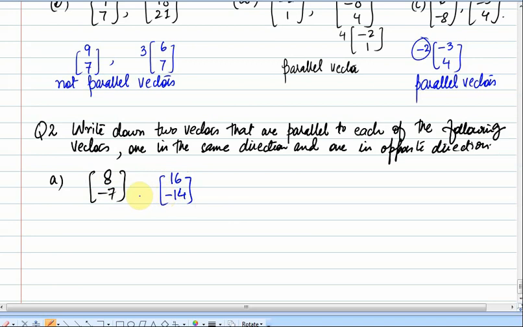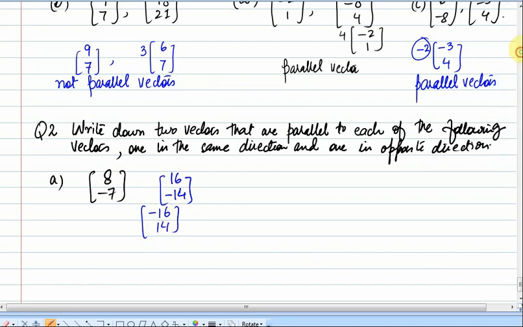But if I need to write a parallel vector of 8 and minus 7, I can use minus 16 and 14. That will be parallel, but it will be in the opposite direction. Alright, did you get it? So you need to identify two vectors, one in the same direction and one in the opposite direction.